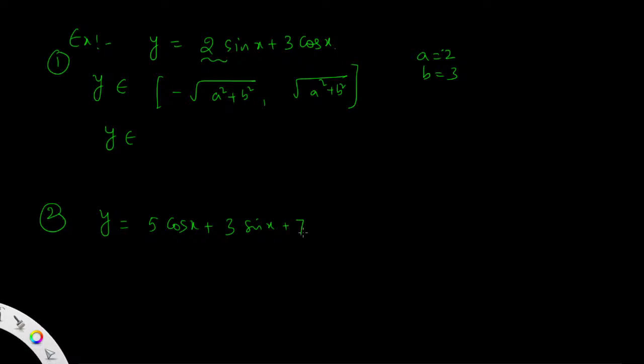Same thing as the problem 2 sin x plus 3 cos x, nothing but a equal to 2, b equal to 3, then substitute the values in the formula and you can get this answer. Give the response in the live chat. So the next question is y equal to 5 cos x plus 3 sin x plus 7, so a equal to 3, b equal to 5 and c equal to 7. What are the values? Give the response.